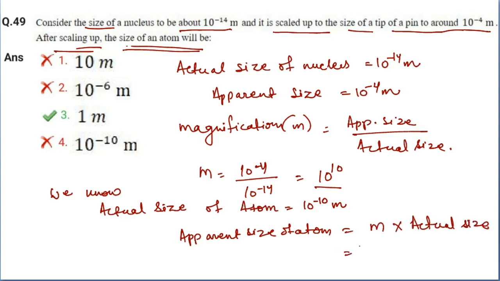Magnification is 10 to the power 10, actual size is 10 to the power minus 10, so it will become 1 meter. Okay, 10 to the power 10 multiplied with 10 to the power minus 10 is 1. So after scaling up, the size of an atom will be 1 meter, and option 3 is the correct one.